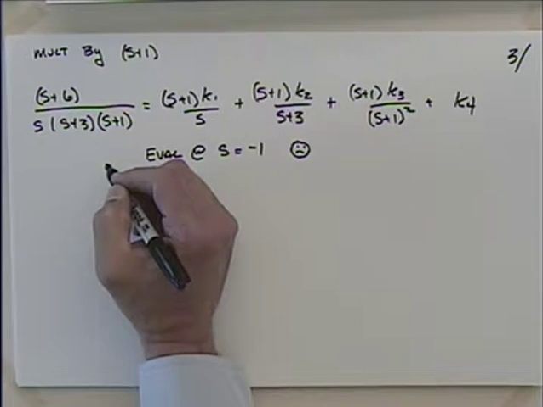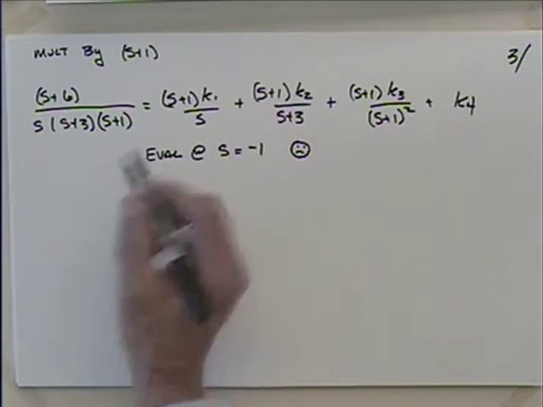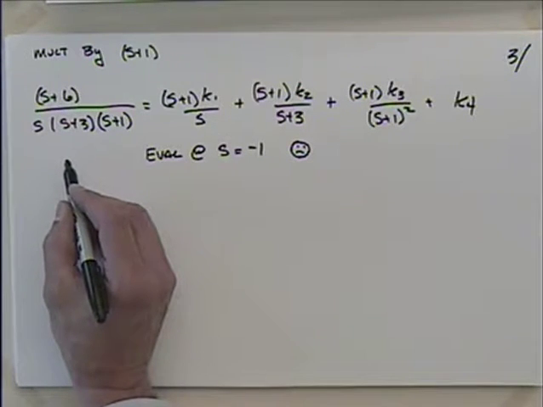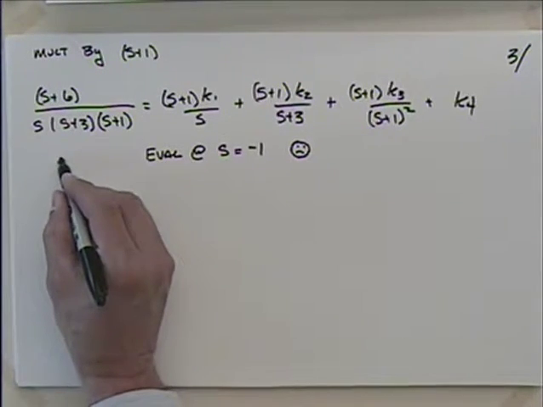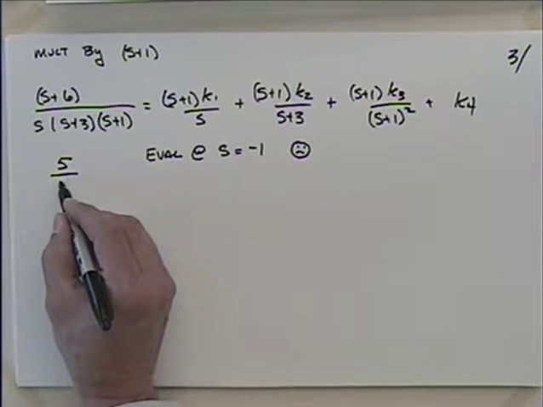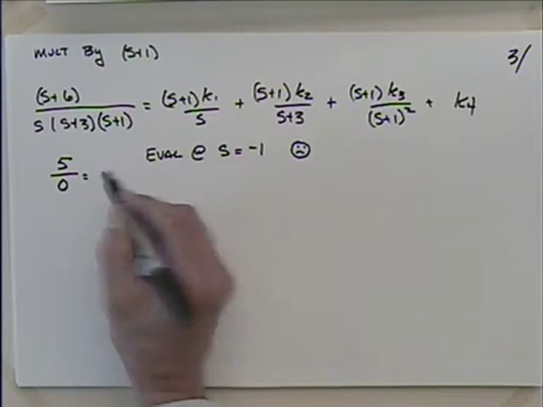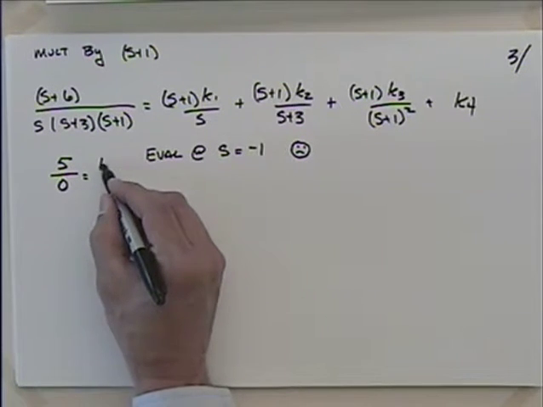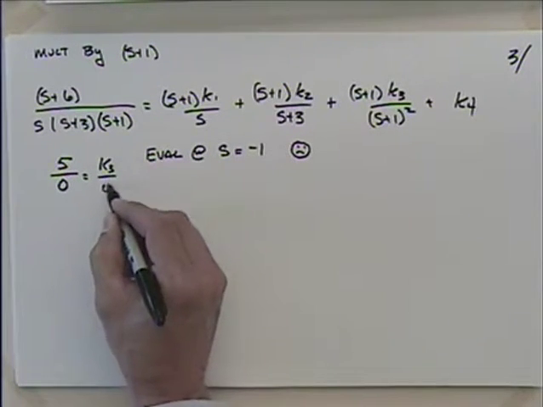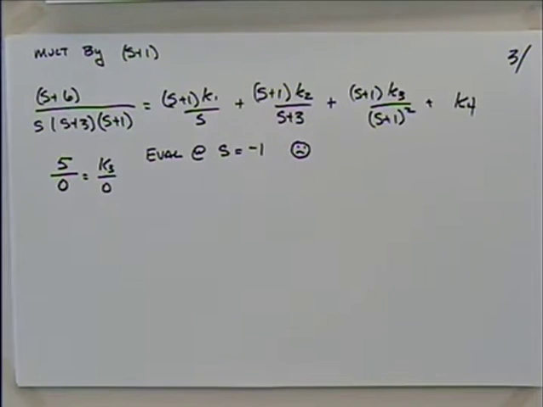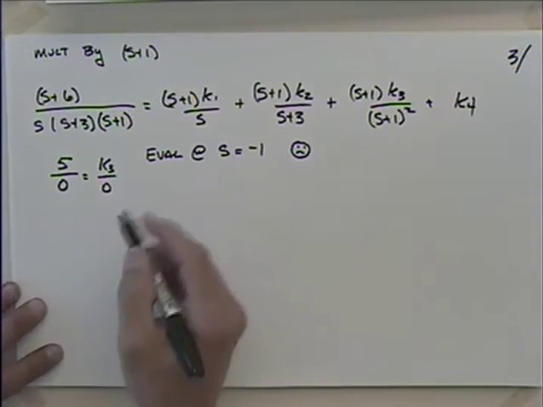So we end up with essentially 5 divided by 0 being equal to, well, I get to cancel one of those, k3 over 0. That's a problem, isn't it? Can't even fix that by cross multiplying. So there's a couple different ways to do that.